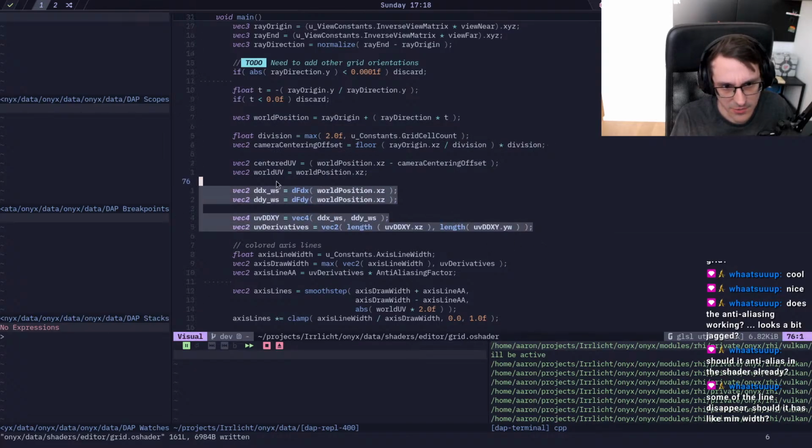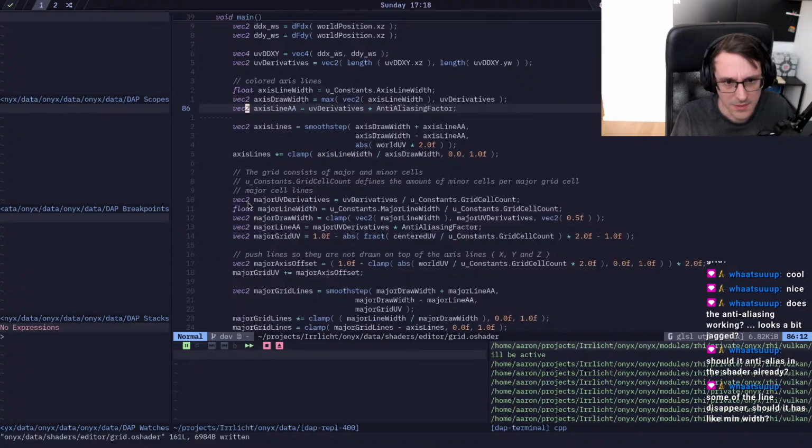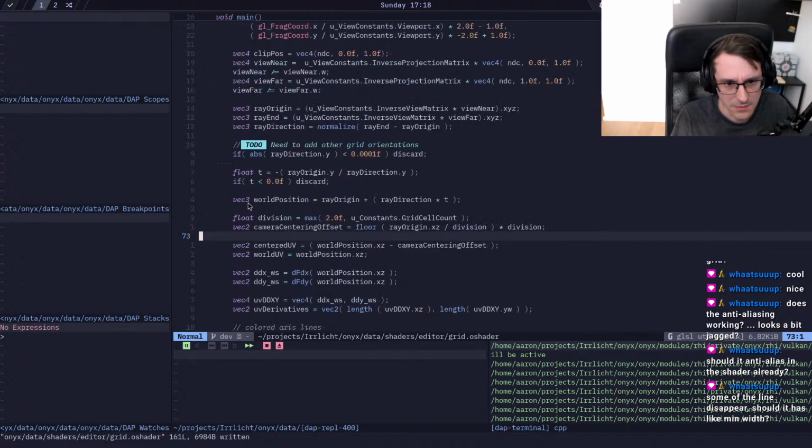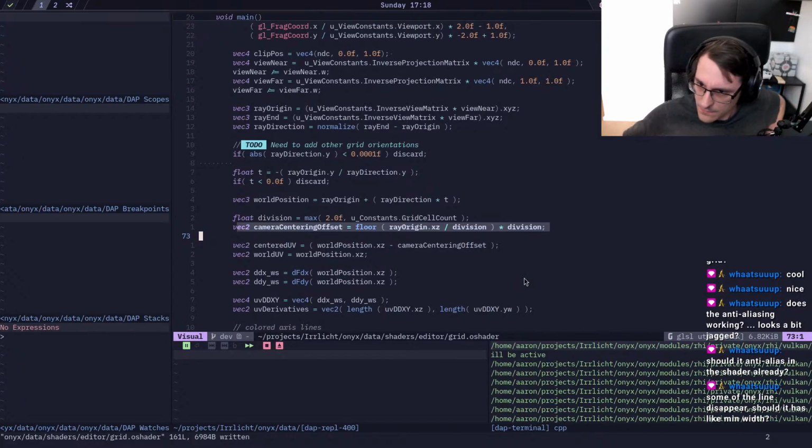But that's my current best guess. That is something with this centering here. That breaks. I think the best would be then to look at that with RenderDoc.